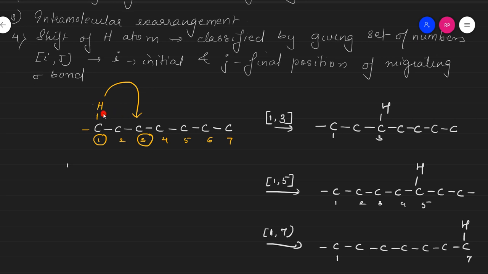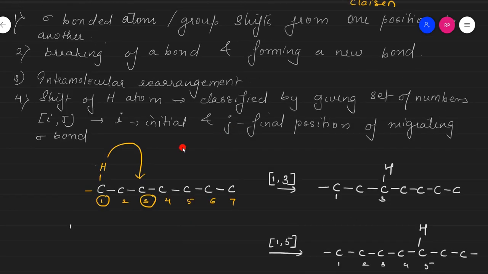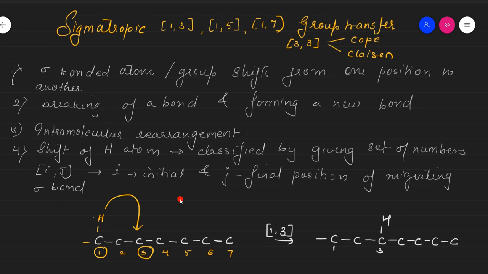I am talking about a group transfer reaction, a group which is transferred. So we can call this hydride transfer, a shift of an H atom. Such reactions are called sigmatropic. So what are sigmatropic reactions? A sigma bonded atom or group shifts from one position to the other. H was bonded with a sigma bond to carbon, so the H-carbon bond broke and a new H-carbon bond was formed.